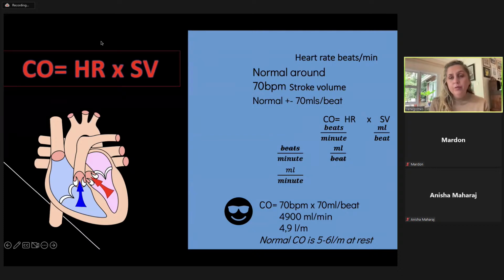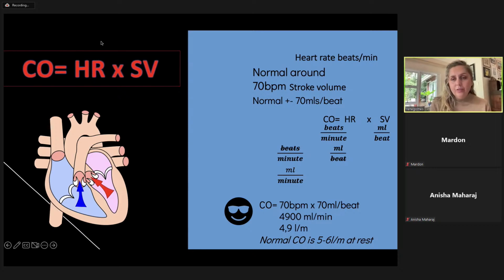Remember, cardiac output's all about delivering oxygen to our tissues and our organs. So as soon as there's a problem, our body will try and make some changes to increase our cardiac output to maintain adequate oxygenation so that we don't get hypoxic or high lactates, for example.